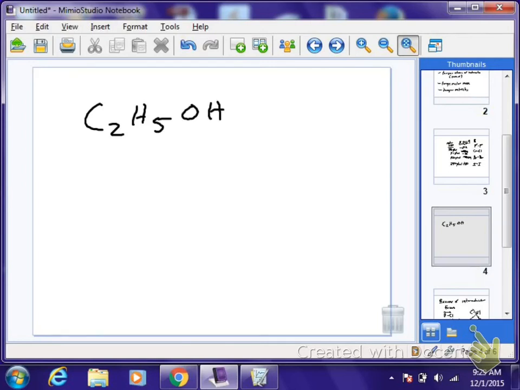Carbon's going to be the middle because it needs the most electrons. So we haven't done anywhere we have long chains, but we always know carbon goes in the middle. So there's my carbon. Then hydrogens are always around the outside. So C2, we have 5 hydrogens off of those carbons. So here's my 5 hydrogens.